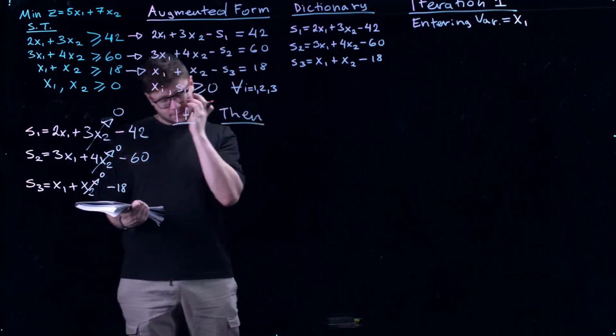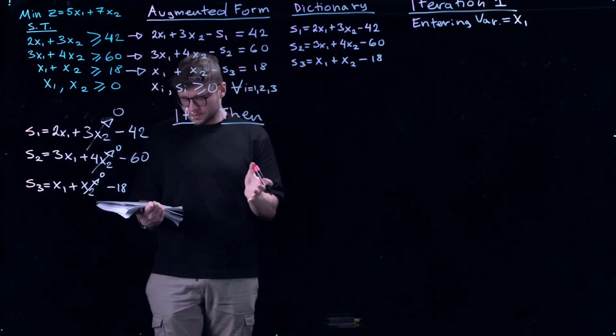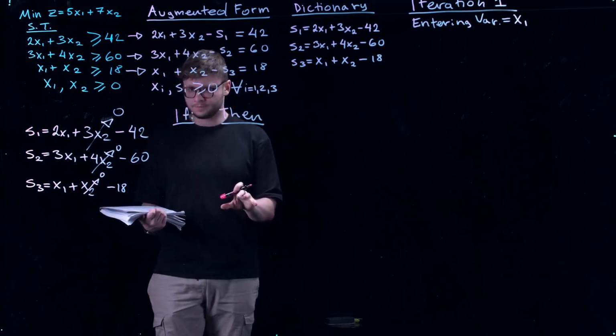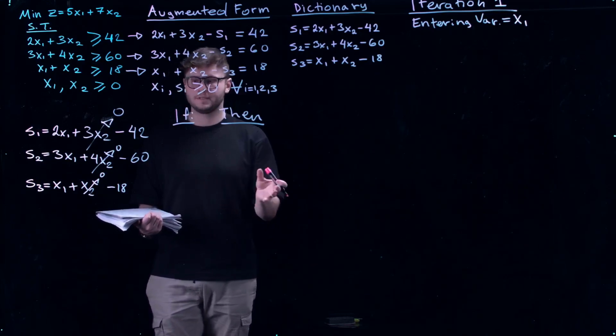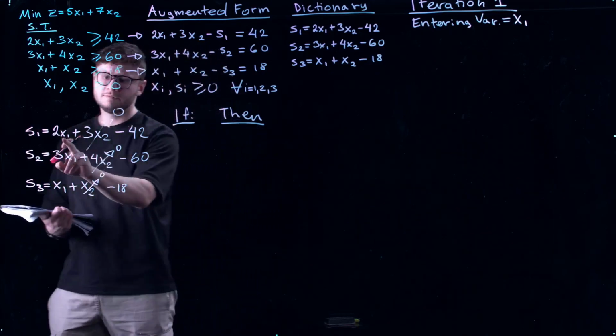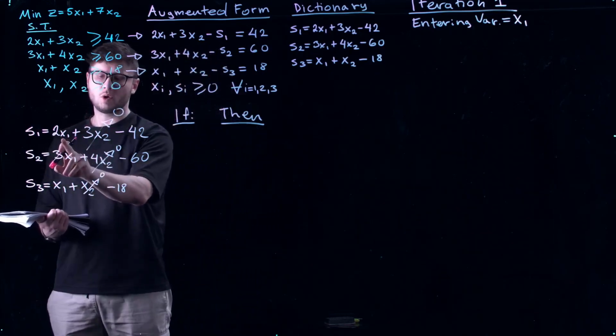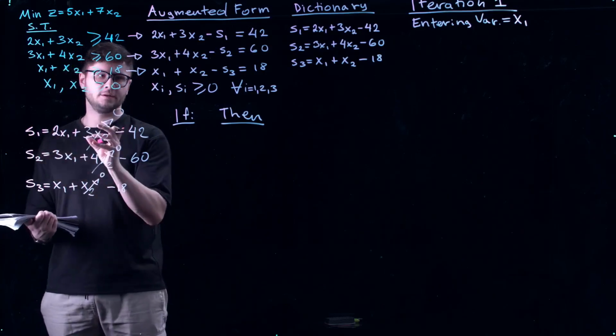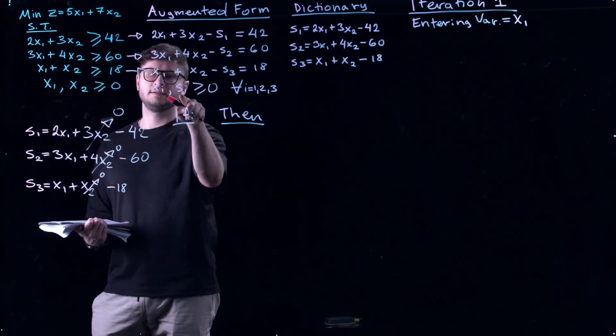So here, since it is the opposite of a maximization function, we're looking for what value of our entering variable x1 is going to make s1 less than 0 and therefore violate this constraint.